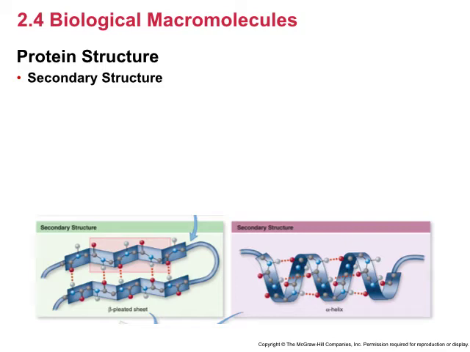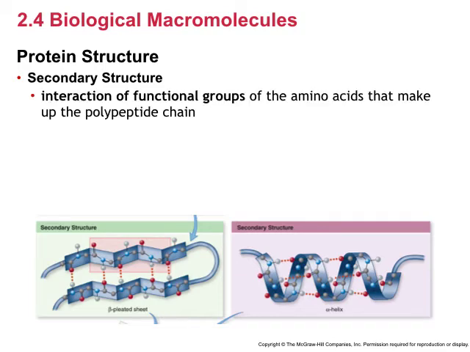Okay, and these amino acids then can interact, the functional groups in these amino acids. Remember, by functional groups here, really I'm talking about the carboxyl group and the amino group. All right, and these are going to interact to form two structures, two main shapes.